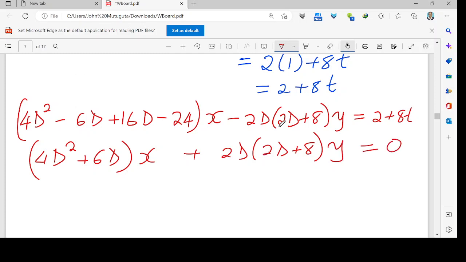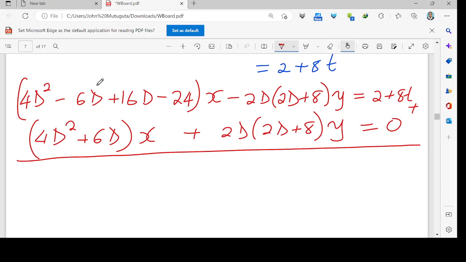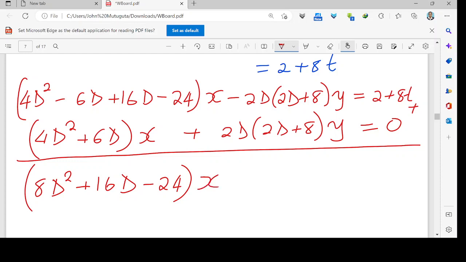Notice that I have not expanded this because this and this are the same, and we are just going to add, and they will add up to 0. So when we add the terms here, 4d squared plus 4d squared will give us 8d squared. Then minus 6d plus 6d will give us 0. Then we have plus 16d, the next term, minus 24, operating on x, is equal to 2 plus 8t.